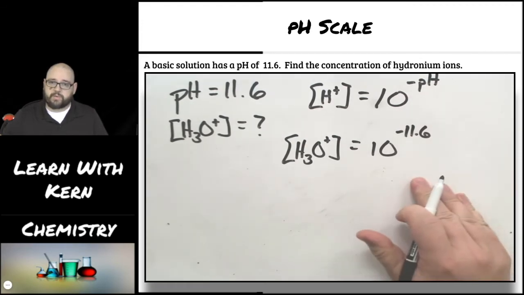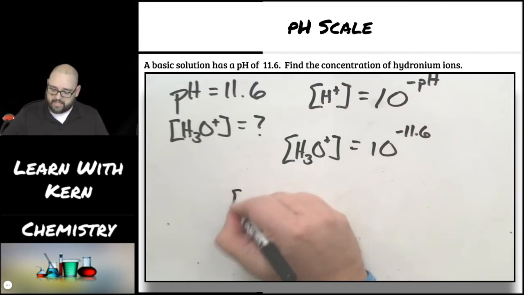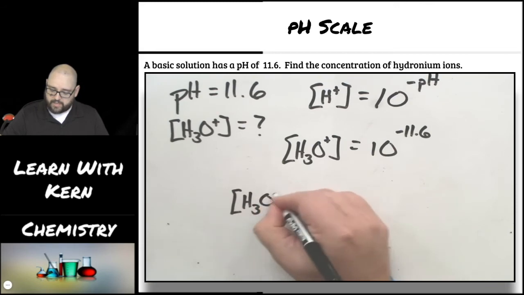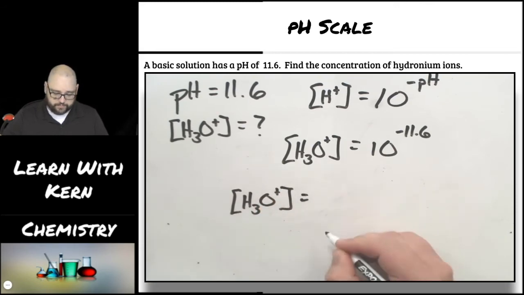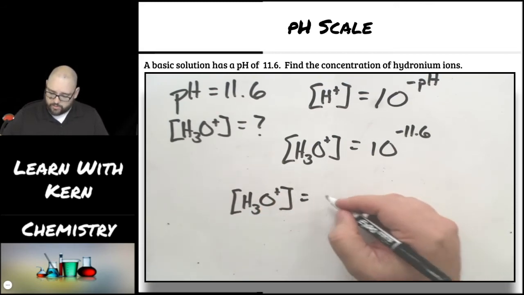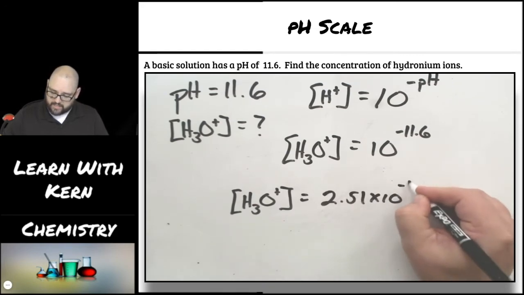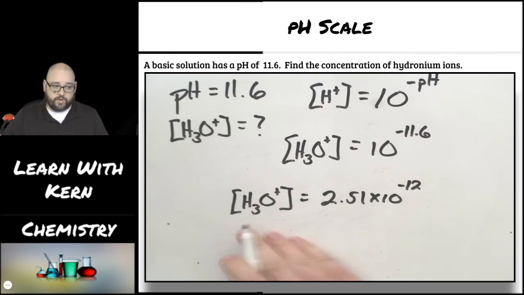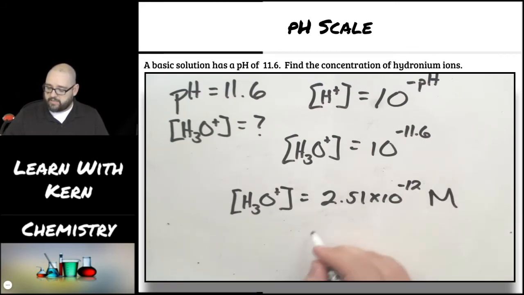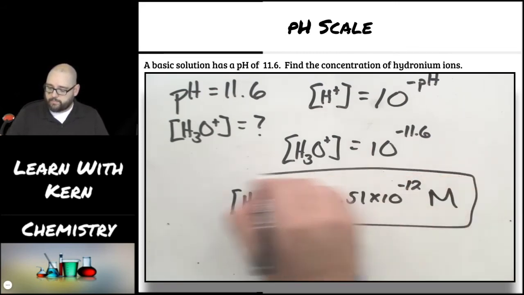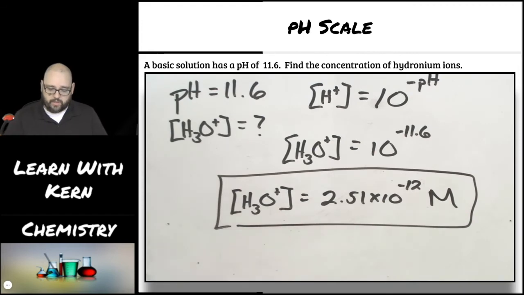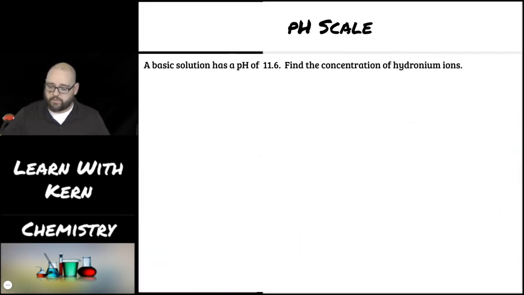So I plug this into my calculator and I get an answer of my hydronium ion concentration is equal to 2.51 times 10 to the negative 12th, and it's a concentration, so my unit is molar. And there we go. That is how we solve for the pH and the concentration. A couple of examples of those.